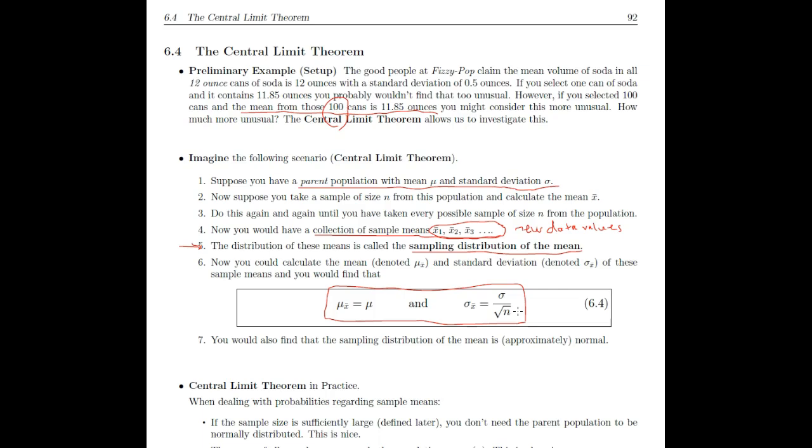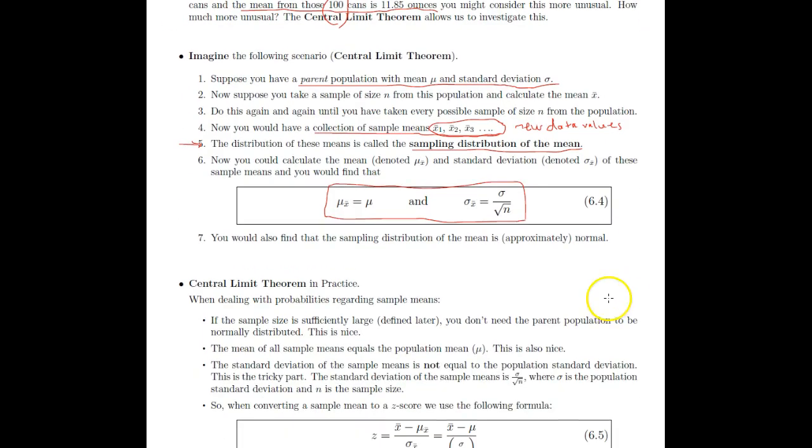So those are two very important results, and we're going to be using those going forward when we consider examples of these sampling distributions. If you're not really clear on what that means just yet, I think it will become more clear throughout the lesson. Another interesting fact about the central limit theorem is that the sampling distribution of the mean turns out to be approximately normal itself, as long as a couple things are true.